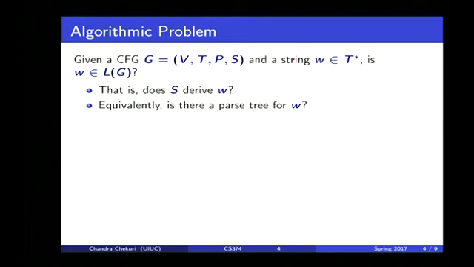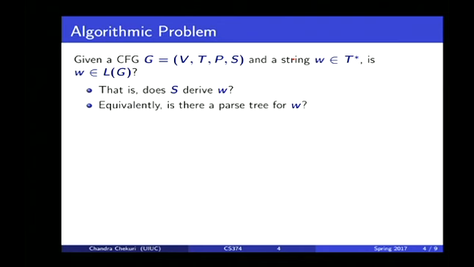I give you a grammar and a long string. For example, what is the grammar for your programming language? Somebody has written that big grammar, the specific grammar for C. That's a context-free grammar. And then your C program comes along, and the compiler has to check, is this a valid string generated by that grammar? Is that clear?